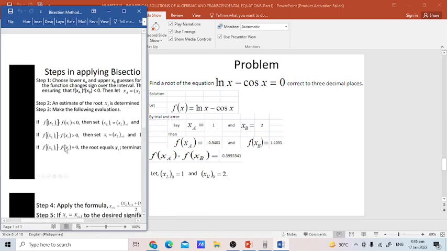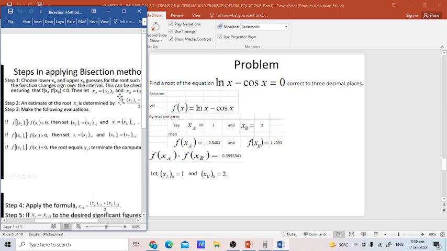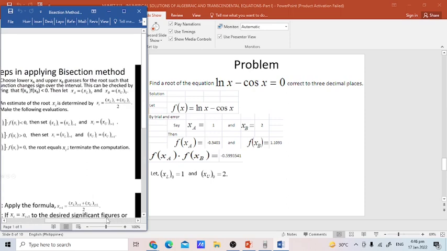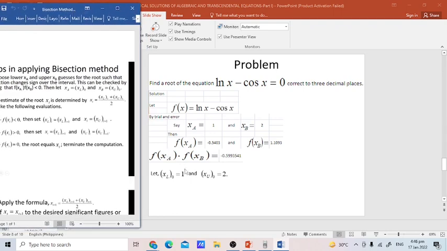So then let x sub a equal x sub l sub 0 and x sub b equal x sub u sub 0. So lower value of x, higher value of x, lower, upper. So we have now 1 and 2 because this was satisfied. The product of the two function values is less than 0.